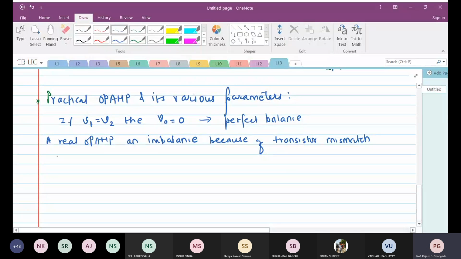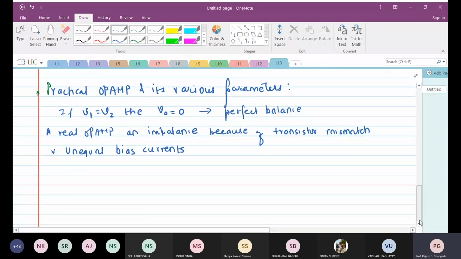This mismatch will result in what is called unequal bias currents. If you remember this differential amplifier, because these transistors are really not 100% matching or identical, there will be some imbalance, and because of that imbalance there will be some unequal bias currents.